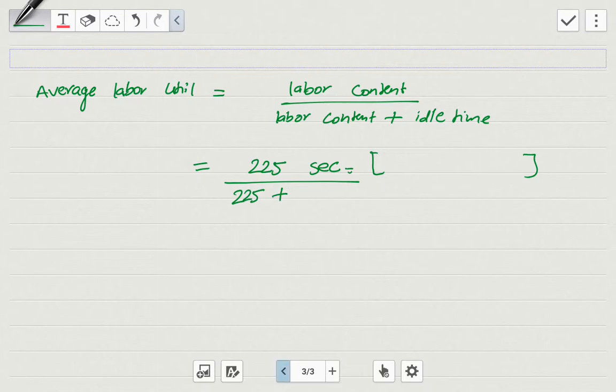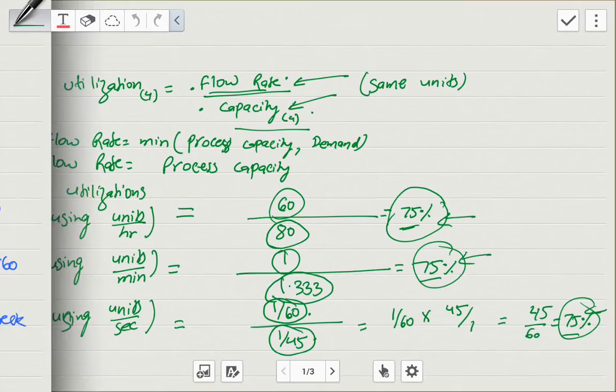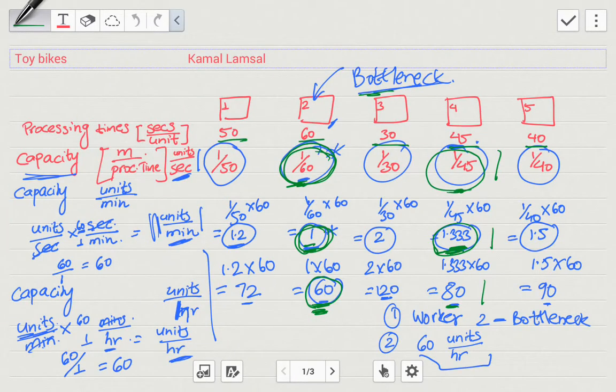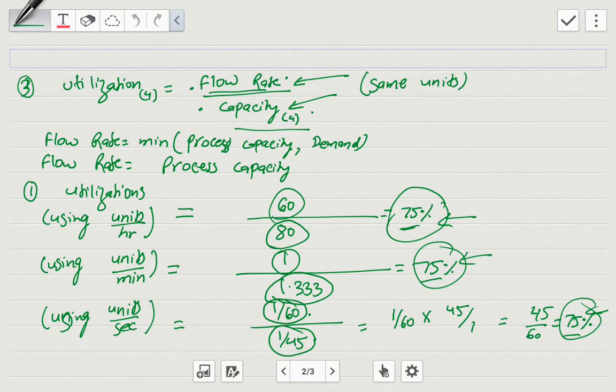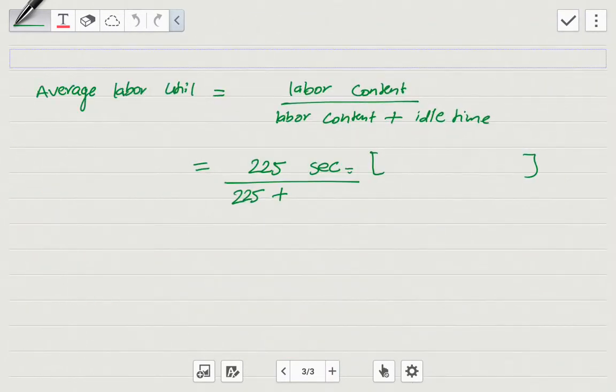To get the idle time, out of the 60 seconds, this worker works only 50 seconds, that is, he stays idle 10 seconds. This one stays idle for 0 seconds. This one stays idle for 30 seconds. This one stays idle for 15 seconds. This one stays idle for 20 seconds. So if we add 10 plus 0 plus 30 plus 15 plus 20, we get 75 seconds. So the idle time is 75 seconds.